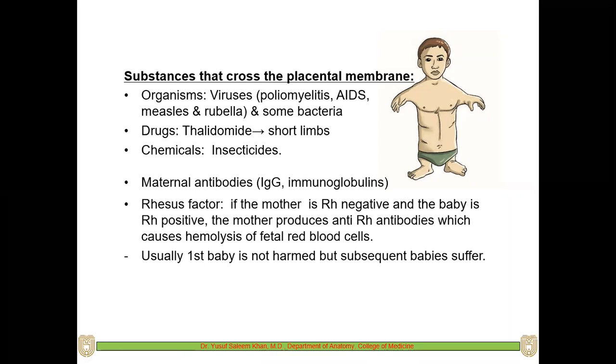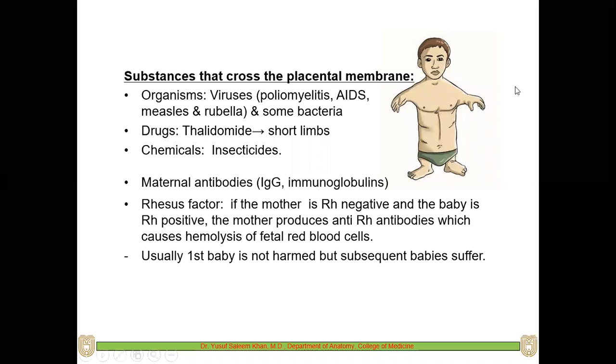I said before that the blood between the mother and the fetus does not cross each other. So when it crosses at the time of delivery, when the first child is being delivered, because there is a break in the placental barrier, some blood can enter the mother, and now she starts producing the antibodies. So the first child has already escaped. He has already been delivered. Now the second and third child are usually affected.